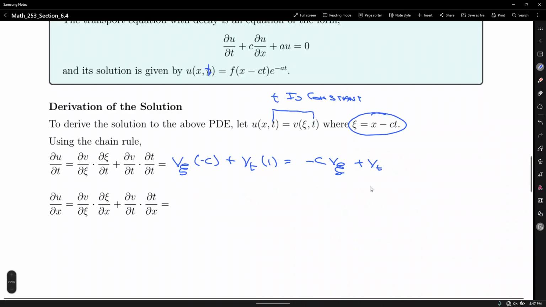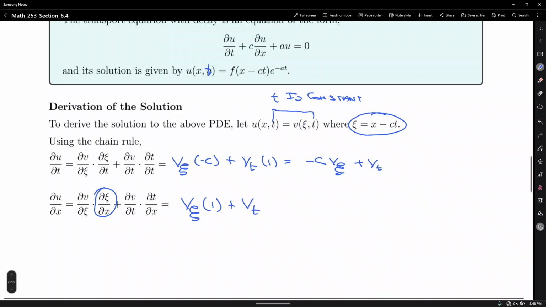Okay. And then what about the other partial derivative term in the PDE? So we need to differentiate v with respect to z. So that is v with respect to z, but what is the partial of z with respect to x? That is the derivative of this function here with respect to x. Isn't that 1? And then the second term goes to 0, so that times 1 plus v with respect to t.